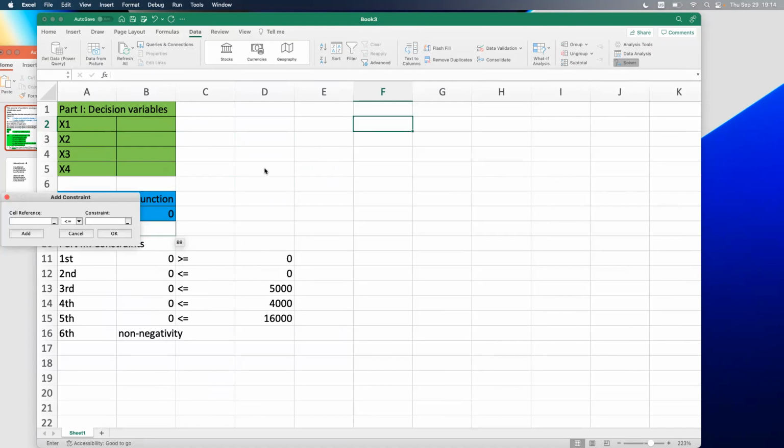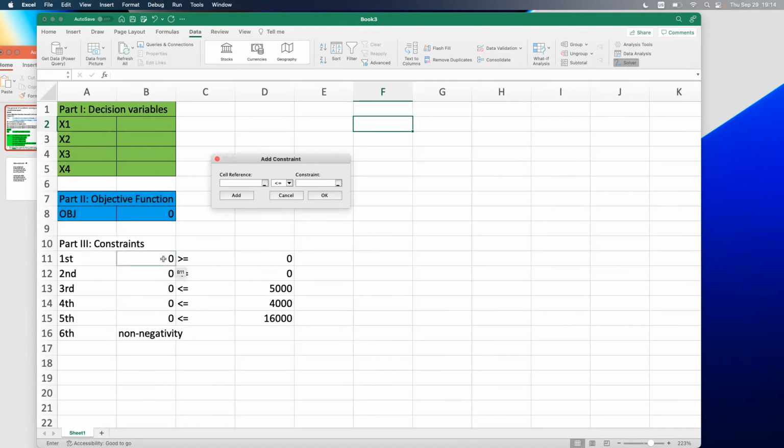And for the constraints, the first constraint is greater than or equal to 0. And the second constraint is less than or equal to 0. And the third constraint, less than or equal to 5,000. The fourth constraint, less than or equal to 4,000.